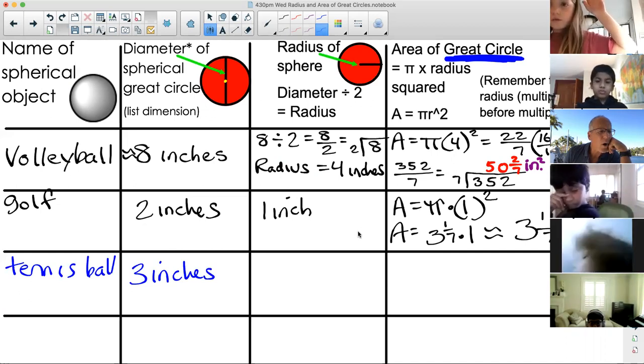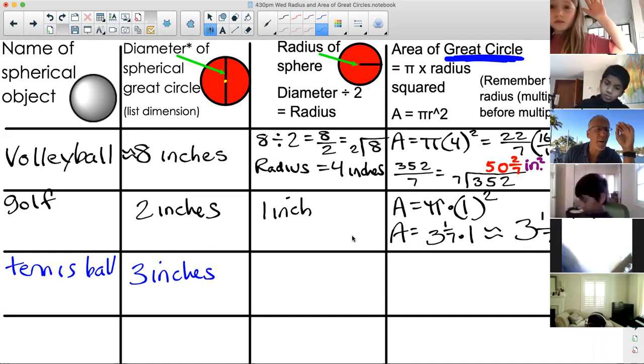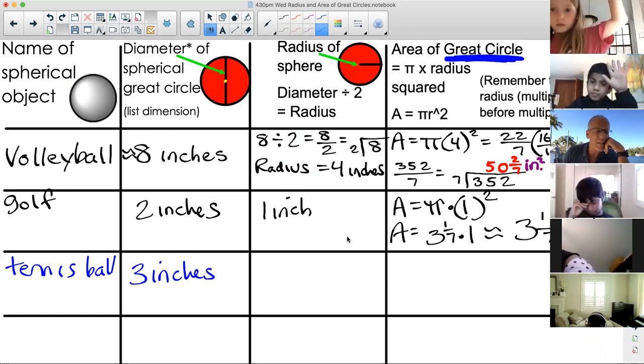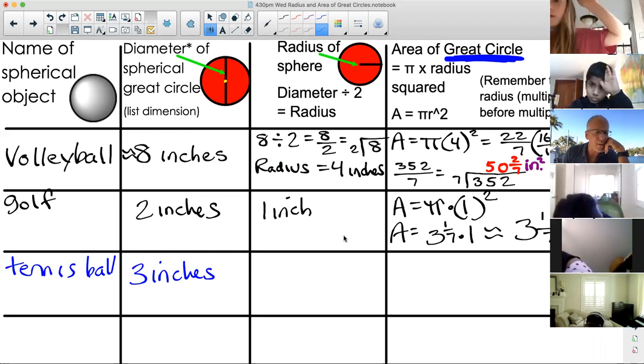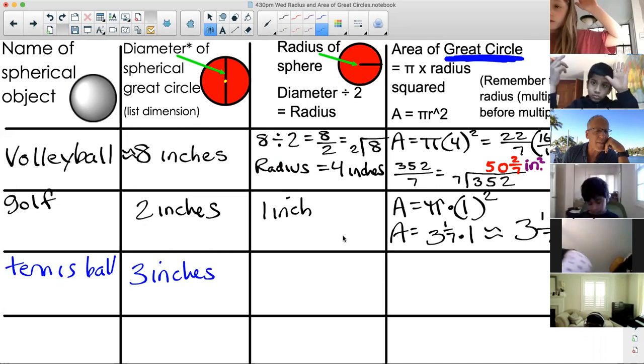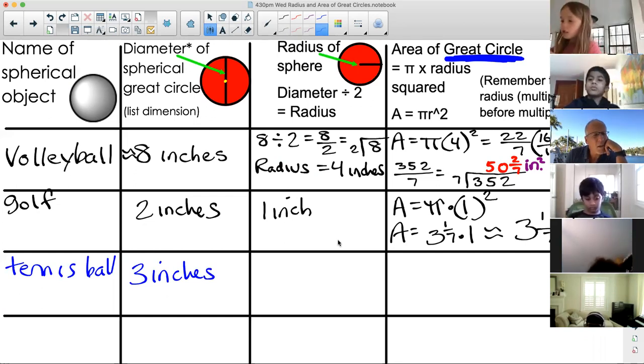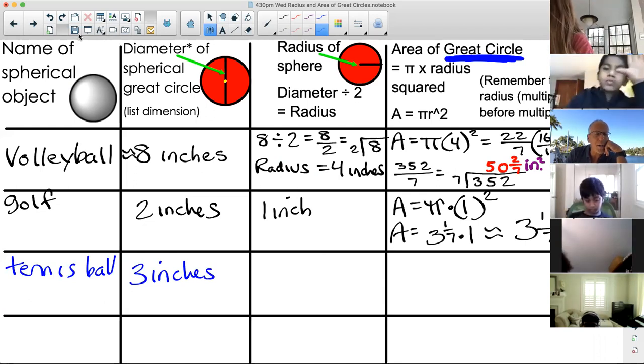Find the radius. Yeah, everybody raise your hand if you can tell me the radius of the tennis ball with a diameter of 3 inches. Raymond, are you thinking about this? Isabella, what do you think?